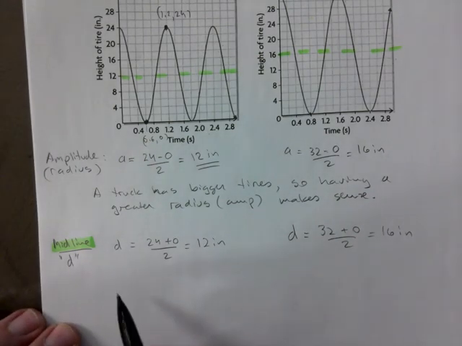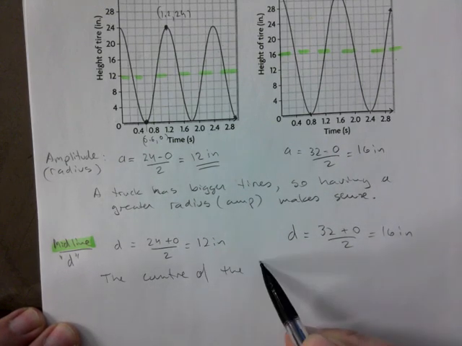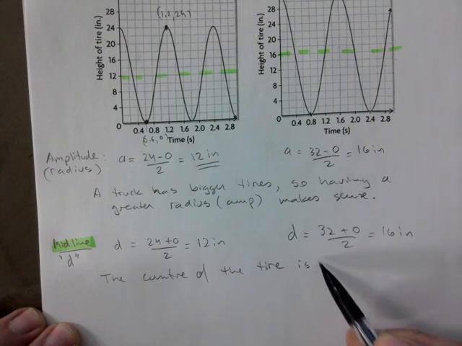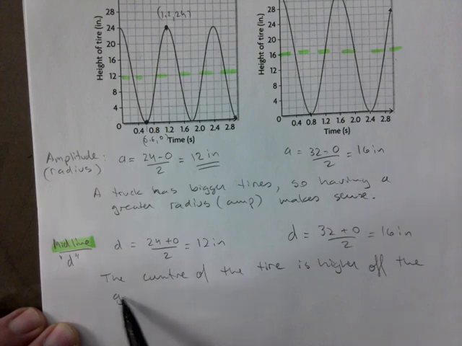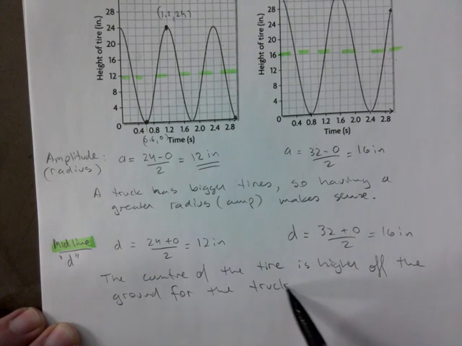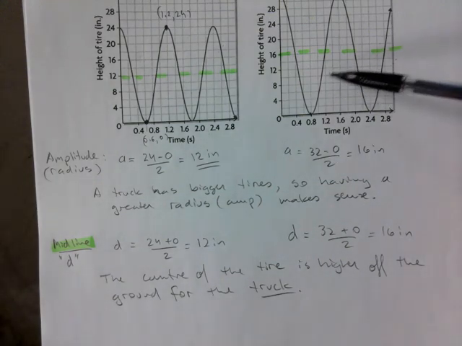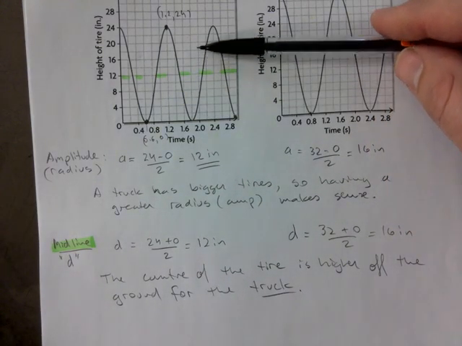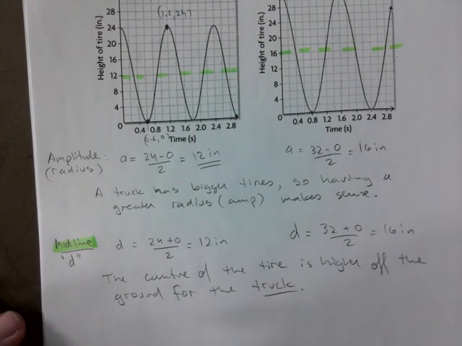It tells us that the center of the tire is higher off the ground for the truck. That also makes sense because it's just a bigger tire. The car is lower, the truck is higher off the ground, and so that'd be the midline. The other one would be the period.